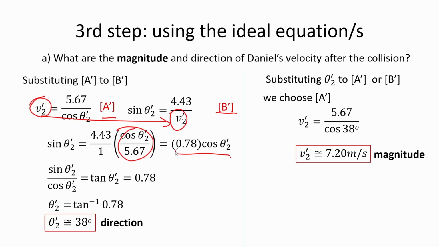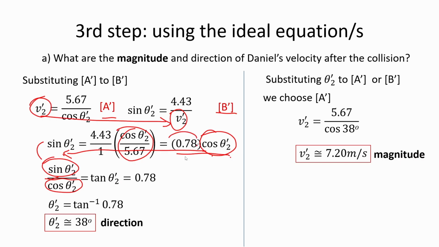What do we do? We now have the sine theta 2 prime function. So we equate them, of course. If we cross-multiply, it gives you sine theta 2 prime over cosine theta 2 prime, which we know is equal to tangent theta 2 prime.